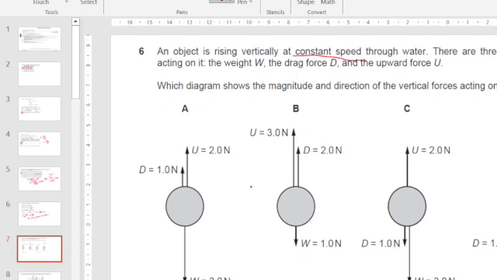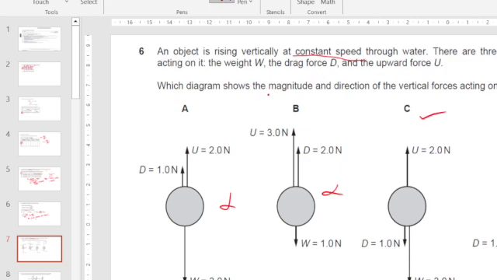And clearly the question says that the object is rising vertically, so the drag force will be there in the opposite direction. Clear? So these two options are ruled out because the drag force is given in this direction, which is wrong. So we need to choose among C and D.